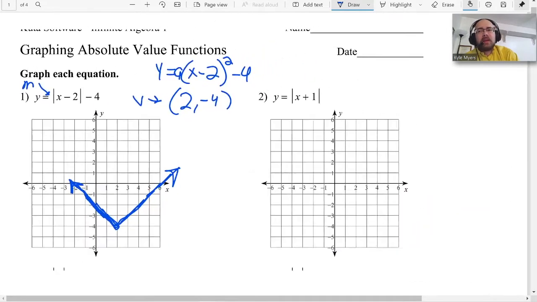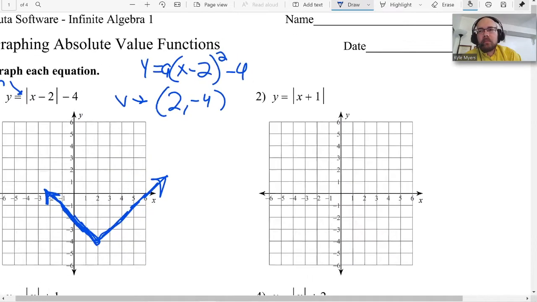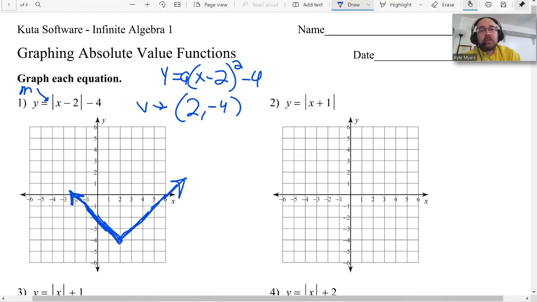And earlier when I said if you don't see a number, it's a 1, that's mostly true. If you don't see a number, it could also be a 0. And that's what's happening for number 2. There's no number outside, so that means I'm adding nothing. Adding 0 doesn't change anything, and multiplying by 1 doesn't change anything. So the slope is still 1. 1 times something doesn't change it.